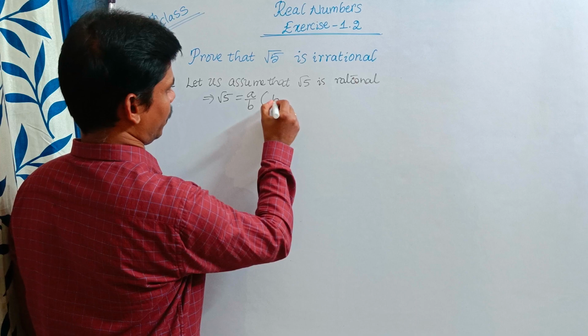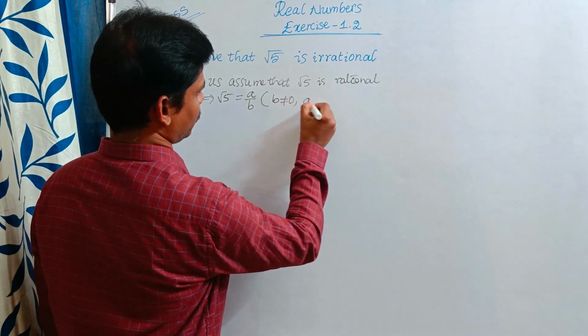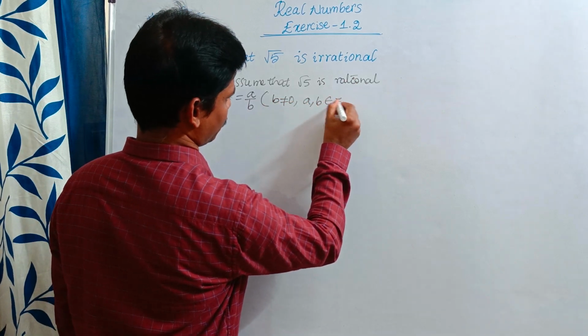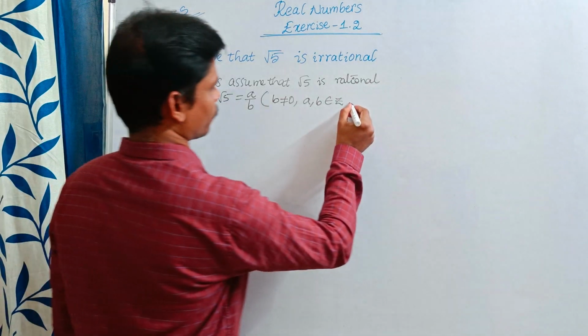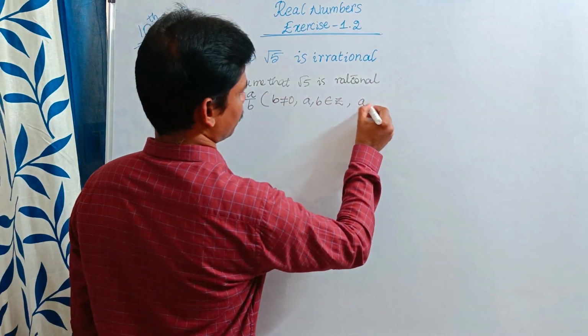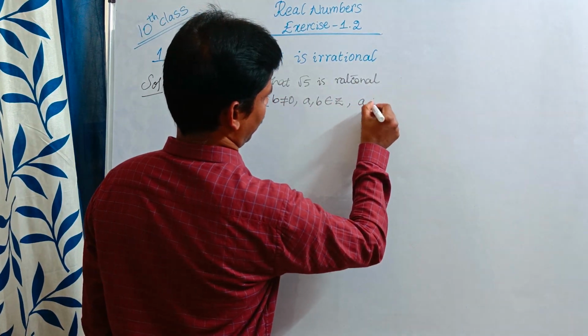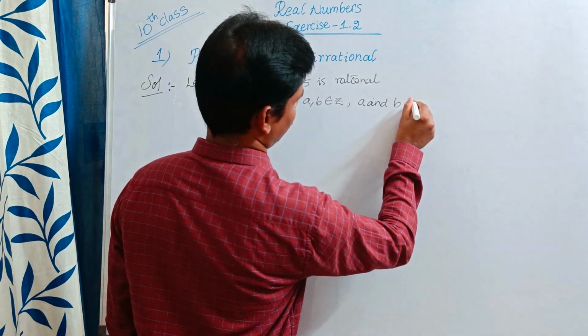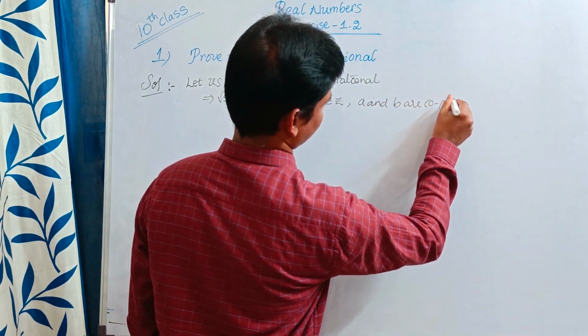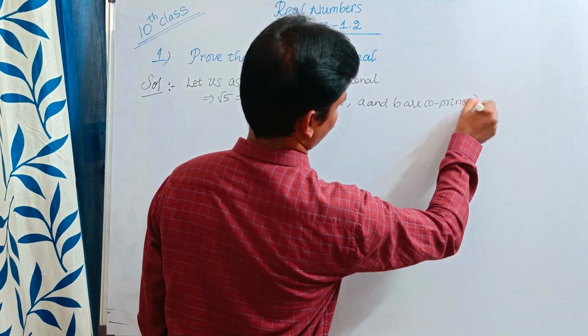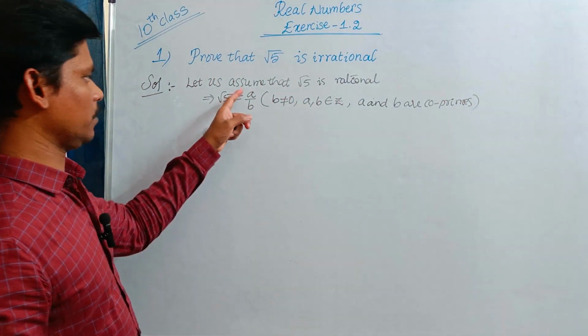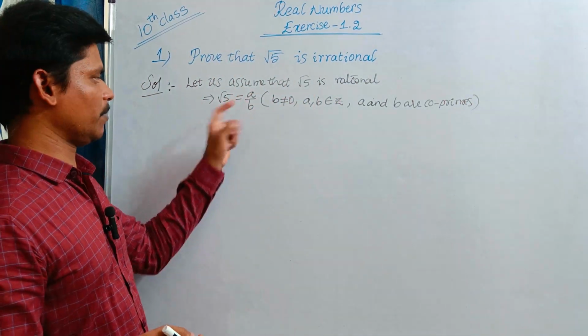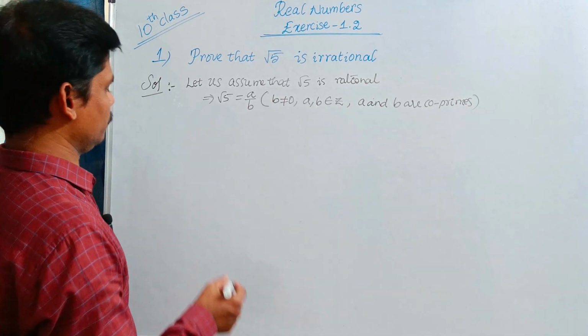Here b is not equal to 0, a and b belong to integers, and a and b are co-primes. Co-primes means a and b have no common factors other than 1.